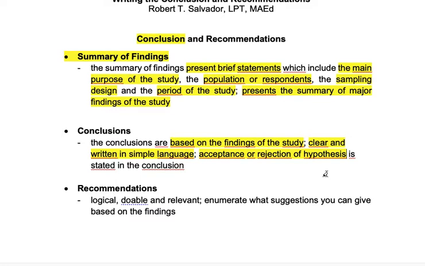Again, inferential questions ask for significant relationships or significant differences, meaning we are to state if the hypotheses of the inferential research questions were rejected or accepted. That is how we state the conclusions.